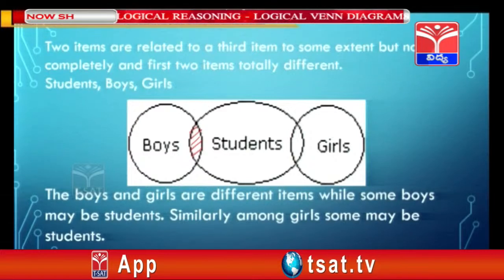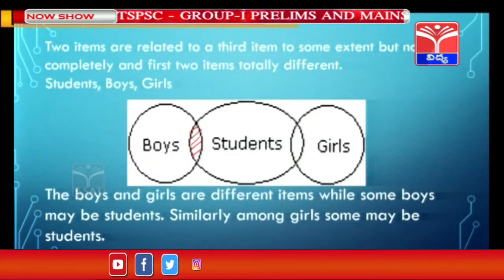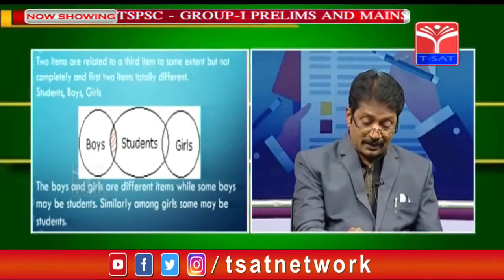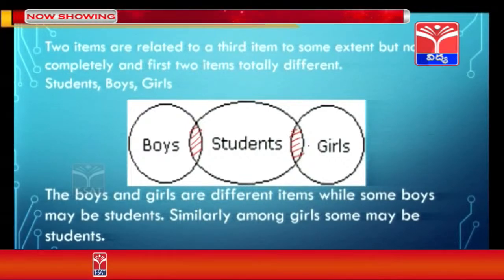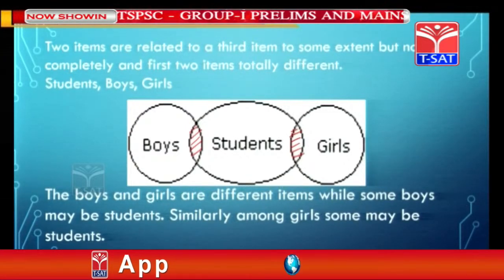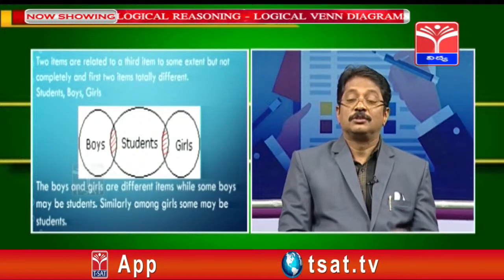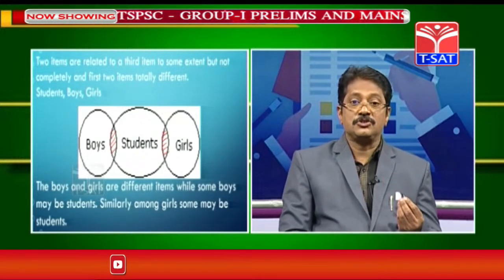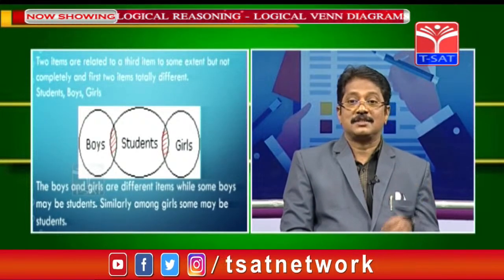Okay. Now, come to the girls. Here, some girls are students and some students are girls. A doubt may arise in your mind: generally, aren't boys and girls the students? After the introduction of the open education system, we can't generalize.